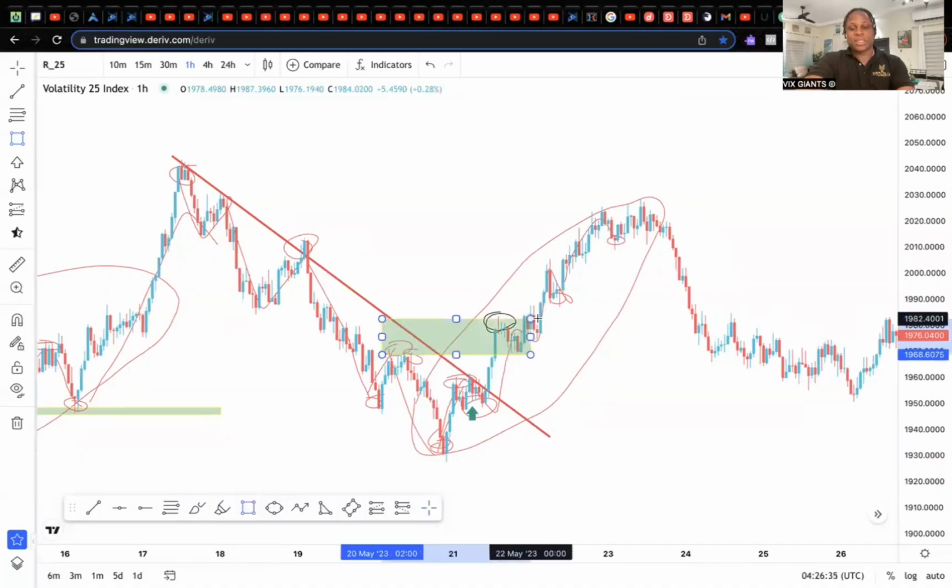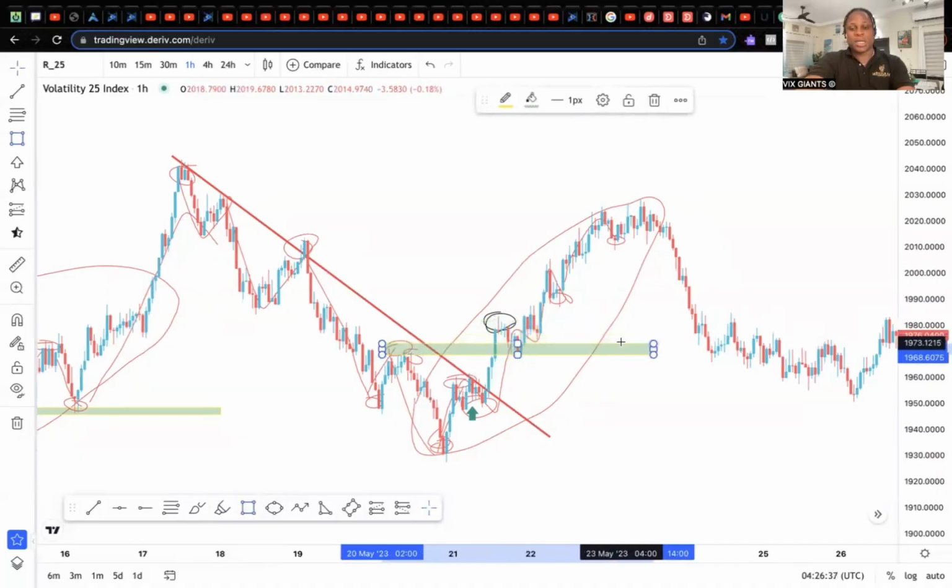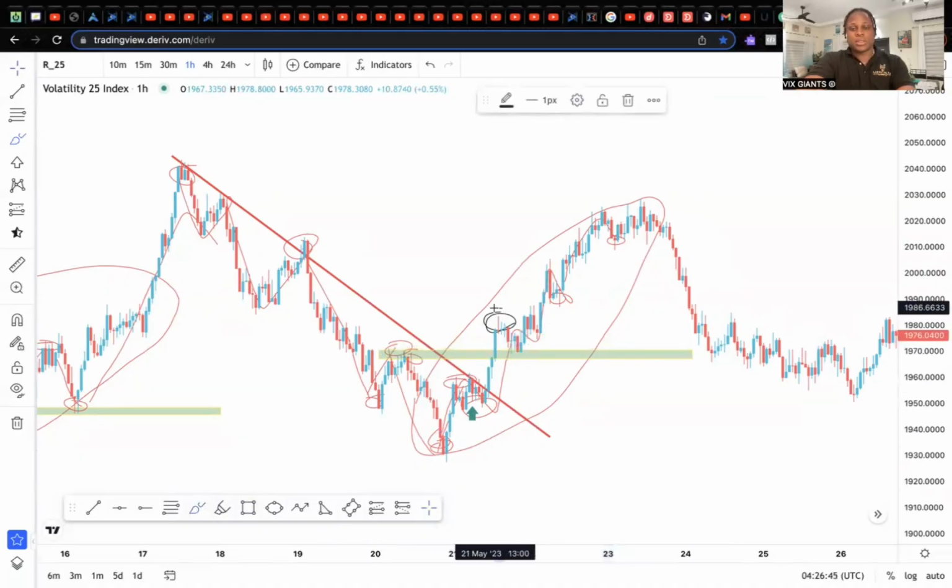So what happened next? The market pretty much came back, right? After creating the higher high, it came back and retested this previous lower high point where it had some resistance. The market pushed up, broke, retested, and formed some support.